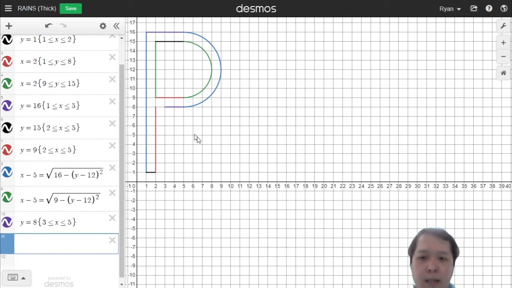Now the slant part here of letter R, what is the gradient here? 3, 8 until 9, 1. It's 7 over 6, but it is minus.